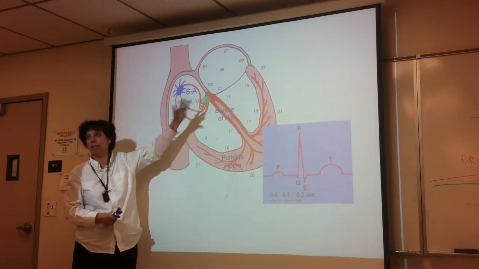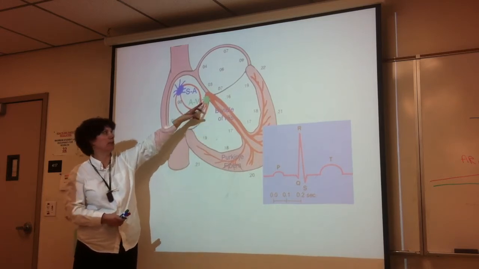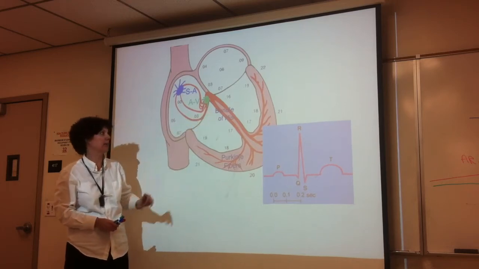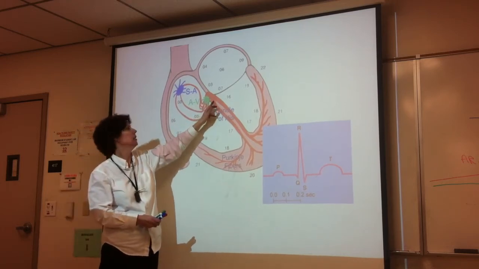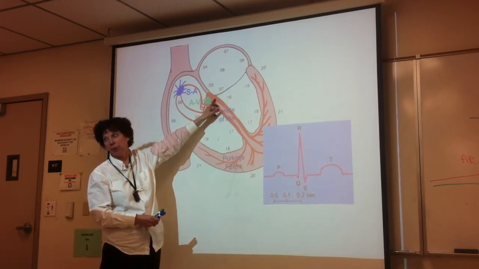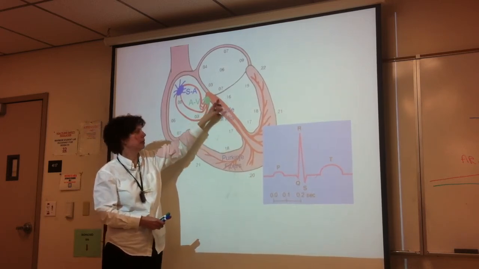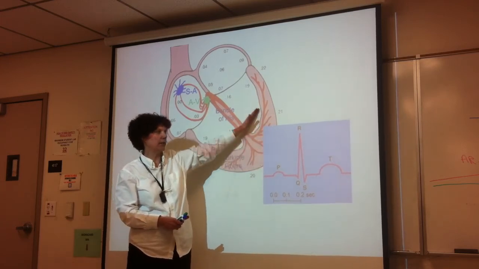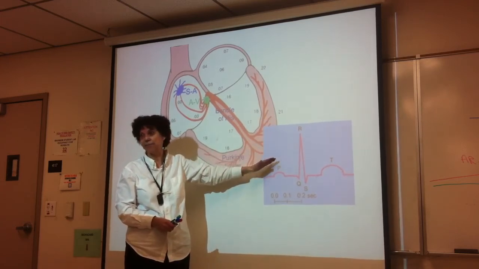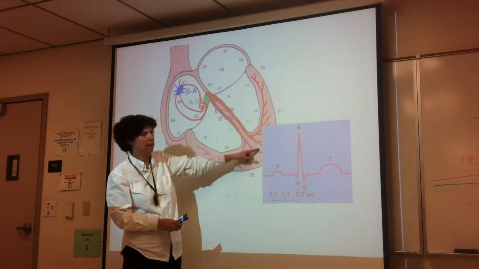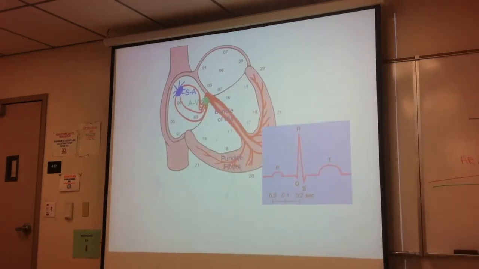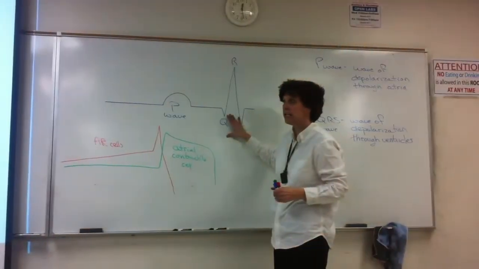The AV node is depolarizing on its own, but it reaches threshold more quickly because of the current from the atrial cells. It depolarizes, causing the bundle to depolarize, causing the bundle branches to depolarize, and then we reach the ventricular cells via gap junctions. So during the lag period, the atria are no longer depolarizing and the ventricles have not yet depolarized.